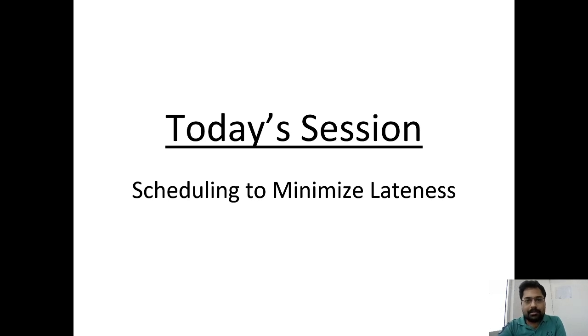Before that we should discuss what lateness is. In a real life example, suppose I ask you to come within 5 minutes to my chamber, and you reach my chamber at exactly 4 minutes. Definitely, I told you within 5 minutes and you reached within 4 minutes.